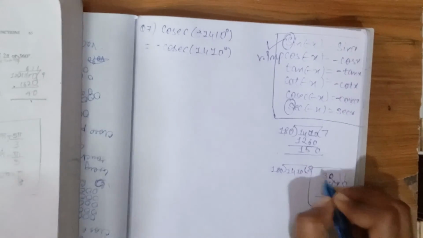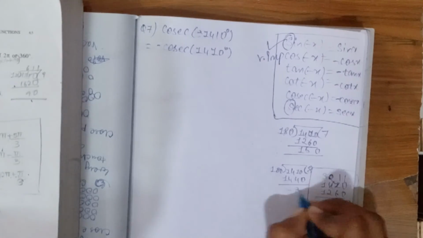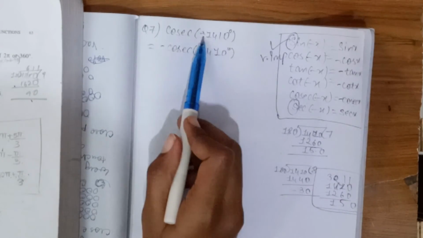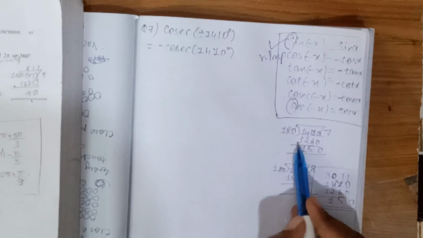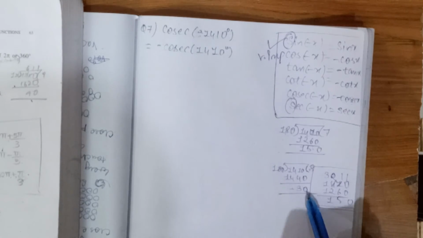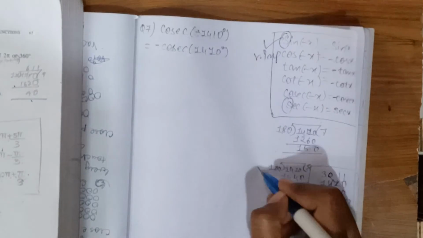When you divide, what will happen? 1440, so minus 30 will come. So you have to take both values when you get minus. I'm saying just remember, when you get minus, you have to divide 2 times. One time you divided, and another time you divide and see in both which is the smaller, plus 150 or minus 30. So minus 30 is smaller, so just take this one.